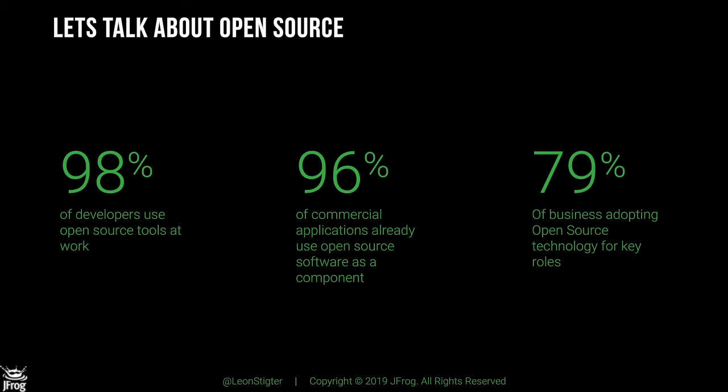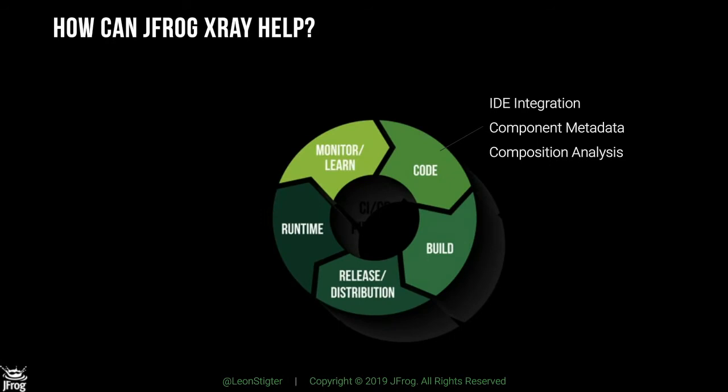So how can JFrog Xray help? This is obviously the whole thing that we're talking about. I try to lay it out in sort of a circle, and it obviously starts with code, with IDE integration, and with composition analysis. If you go to the JFrog Confluence page, jfrog.com/confluence, where we have all our information, you'll see that there are a bunch of plugins for IDEs like Visual Studio.